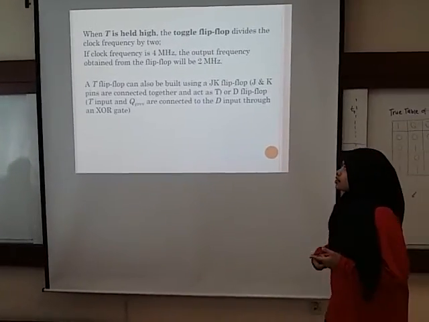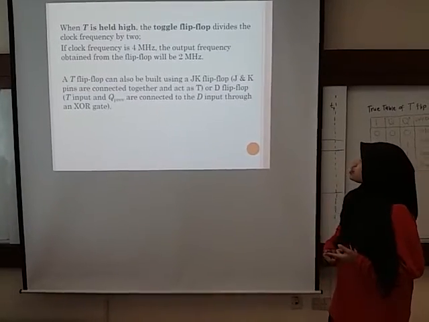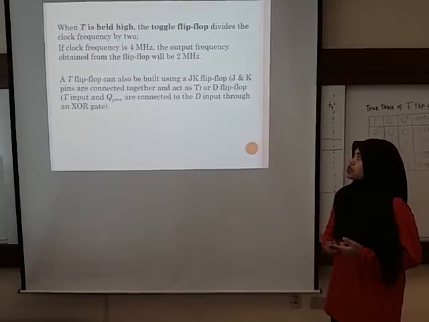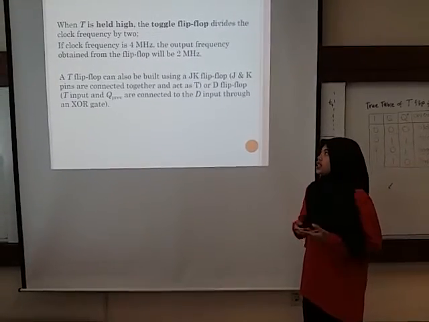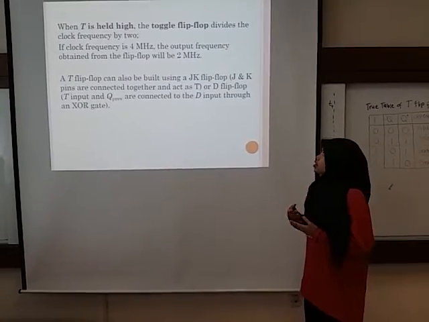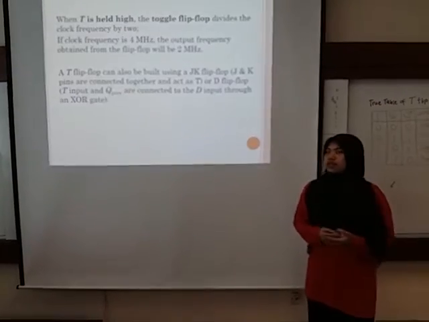When T is held high, the toggle flip-flop divides the clock frequency by 2. For example, if the clock frequency is 4 MHz, the output frequency obtained will be half, which means 2 MHz.